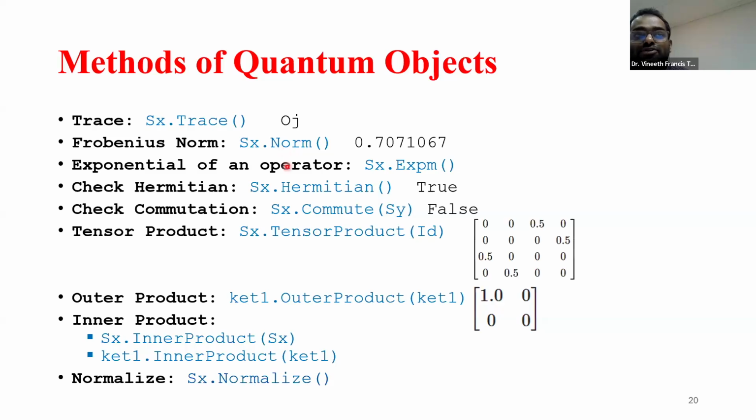If you want to calculate the exponential of an operator, you can use dot expm. If you want to check whether an operator is Hermitian, you can use dot Hermitian. If you want to check whether two operators commute, you can use dot commute. And you can do tensor product, outer product, inner product, and you can even normalize an operator.